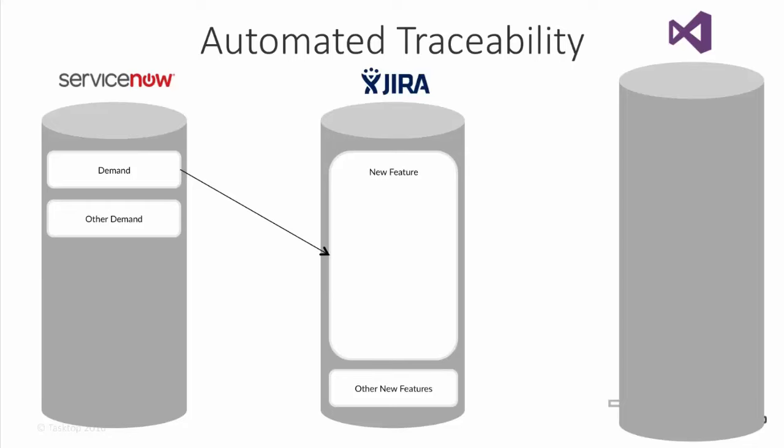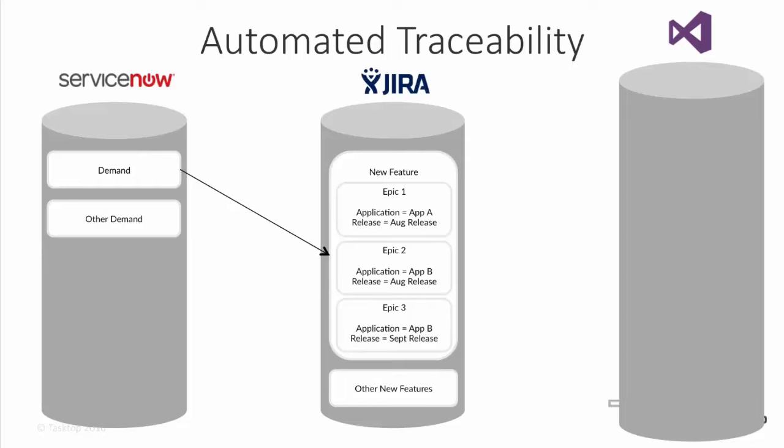Once that new feature, that demand, has been created on the Jira side, we're going to start to break that down into epics. Epic 1, Epic 2, Epic 3 in this case, and then we're also going to start to do further planning with these particular epics. So which application is this epic going to be impacting or enhancing in that case?